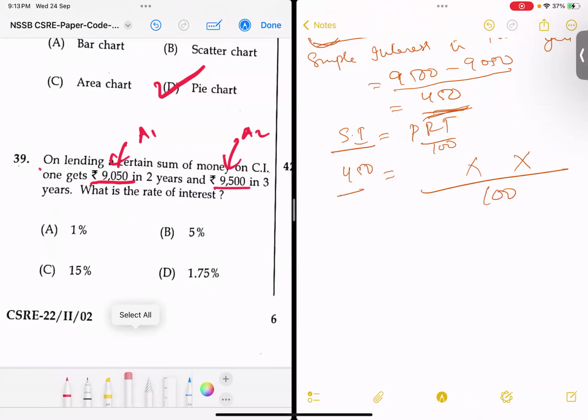Time is how much? Now, we all know that 9,050 is the amount that we got in 2 years, right? Which means this 9,050 becomes the principal for the third year, right? So in the third year, the number of years also becomes 1, right? And the rate, we don't know, right?